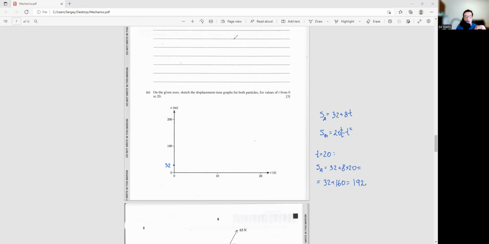Okay, so the straight line from 32 almost to 200, something like that.